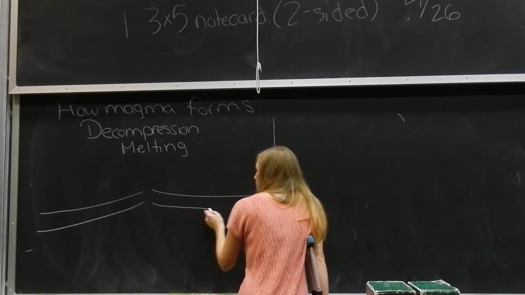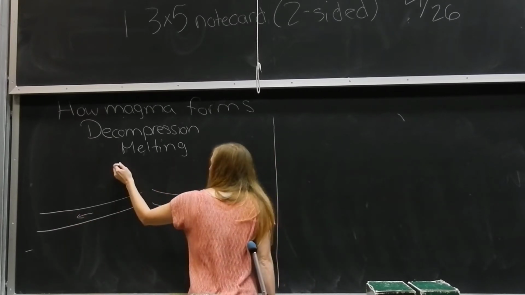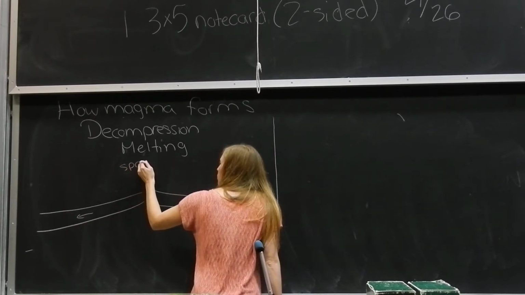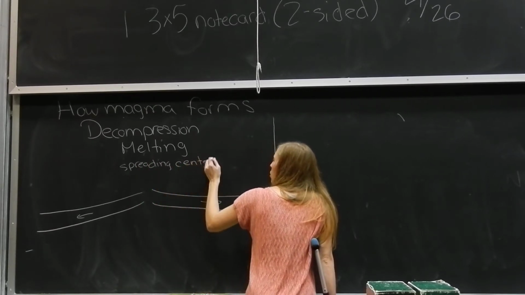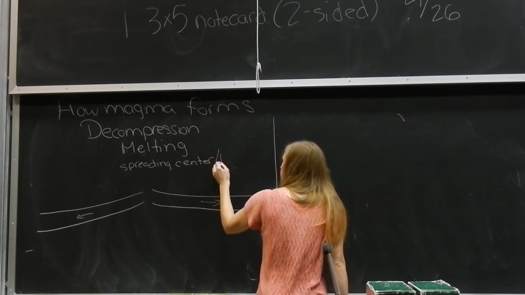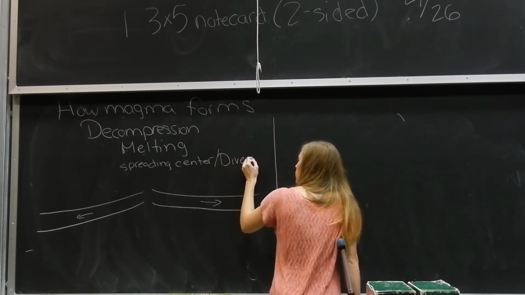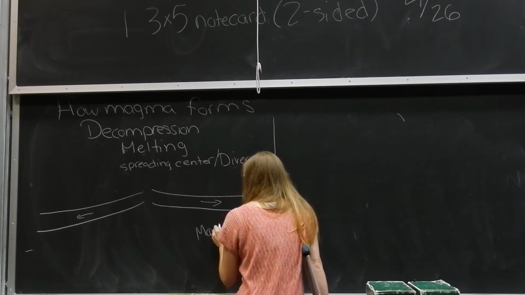So, here we have a spreading center. What type of plate boundary do we call this? Divergent. We have our mantle.